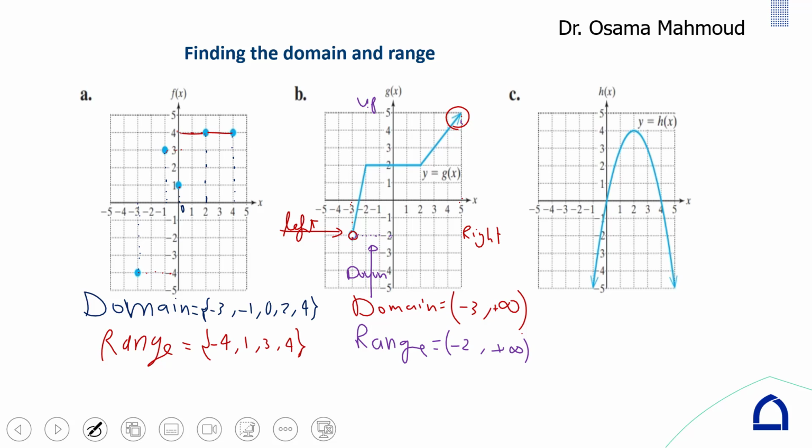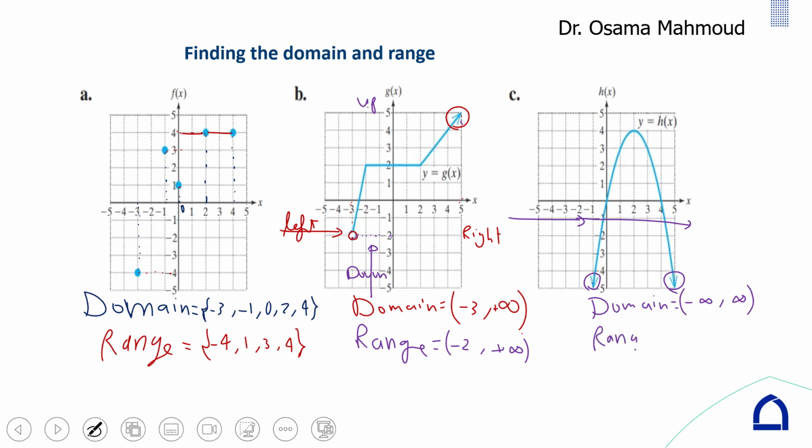For this one, go for the domain. Domain is a value of x, so I come from left to right. The first value, remember you have an arrow, so you can extend it to minus infinity to the left, and also to the right you can go for positive infinity. What about the range?